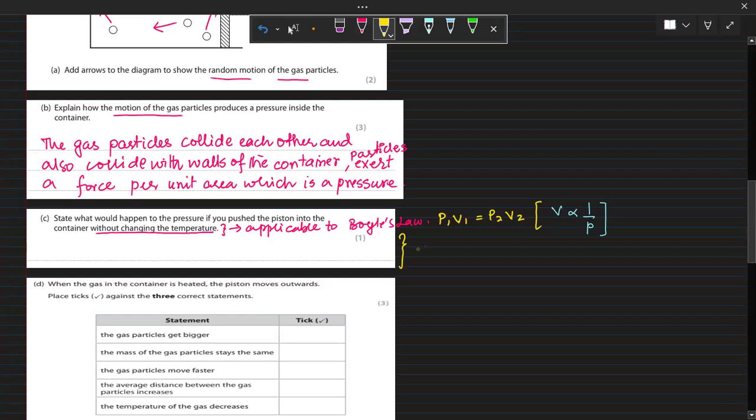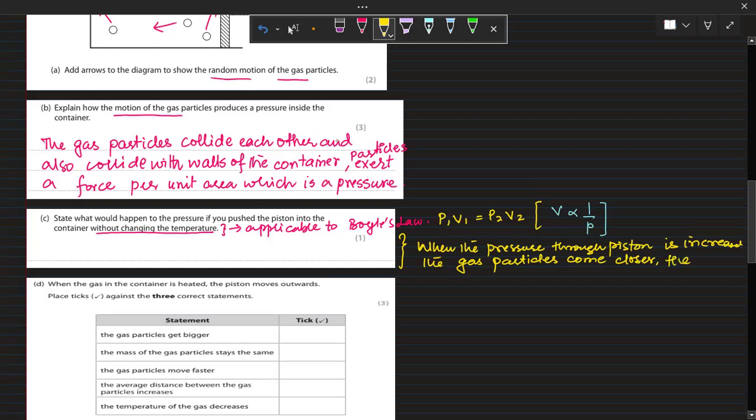When the pressure through the piston is increased, the gas particles come closer.